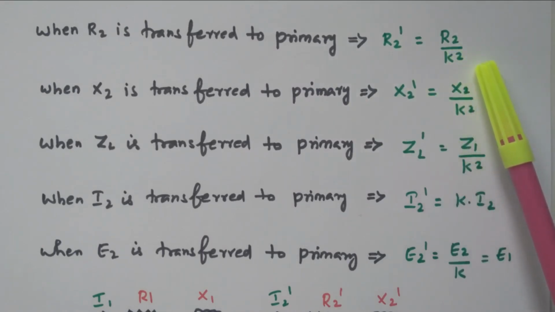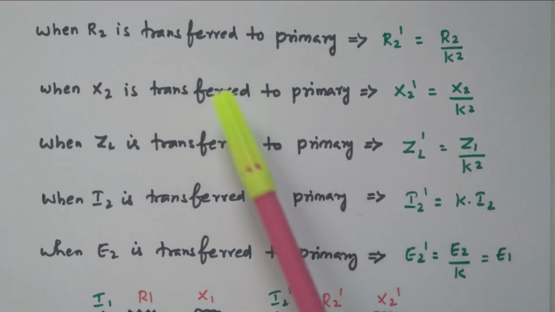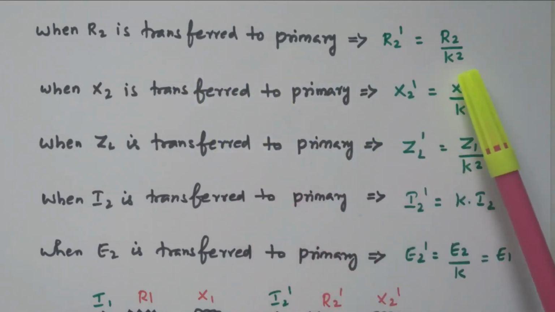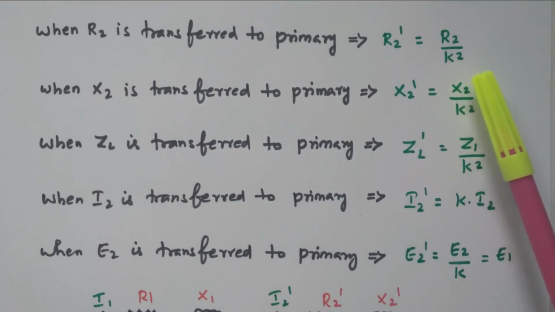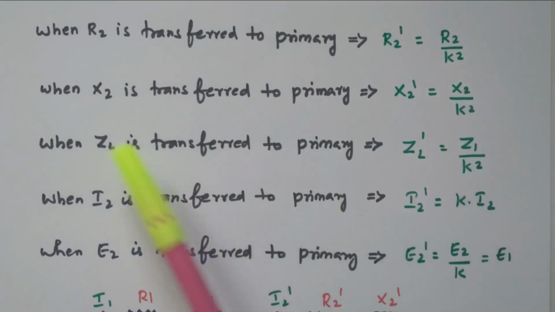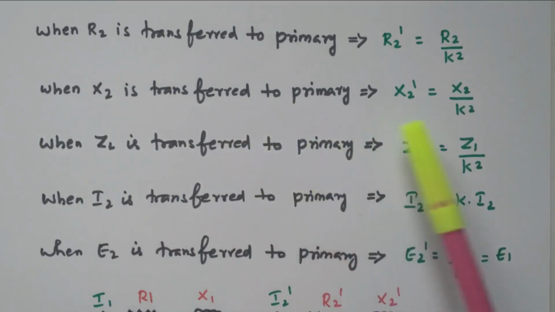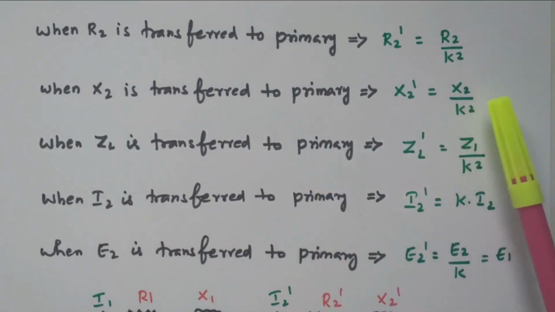The derivation of this equivalent resistance is available in a separate video; the link is given in the description box. Why we divide by K square, the details are available there. Normally, while transferring to the primary it is divided by K square, and while transferring to the secondary it is multiplied by K square. Similarly, when X2 reactance is transferred to the primary, it becomes X2 dash, that is X2 divided by K square.